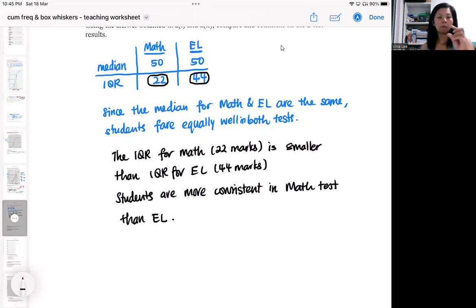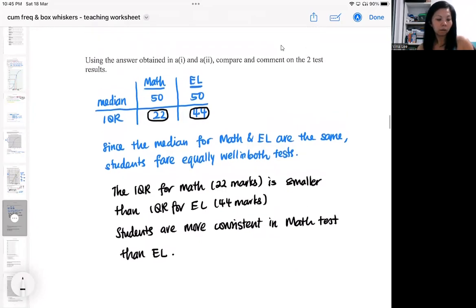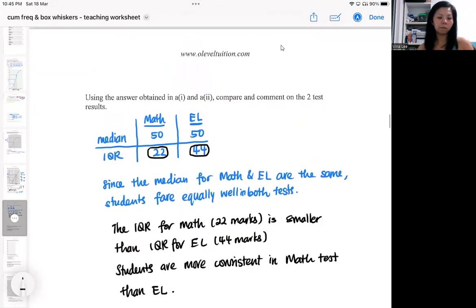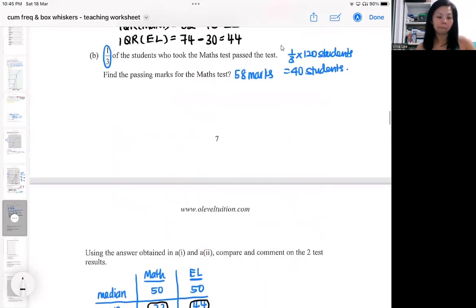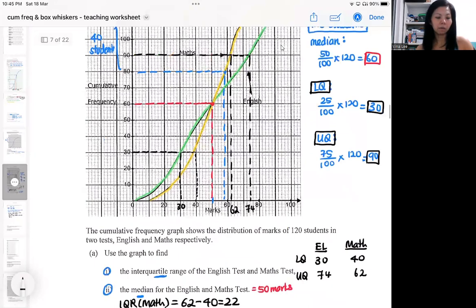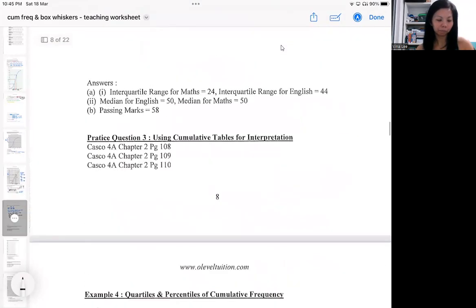So the fluctuation is smaller. So this is how you compare. The comparison is very much like mean and standard deviation. It's the same idea as mean and standard deviation.